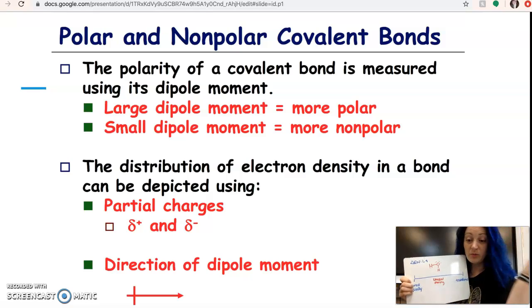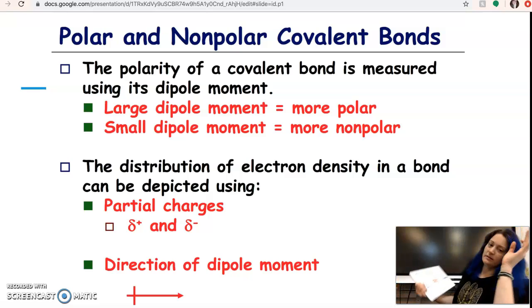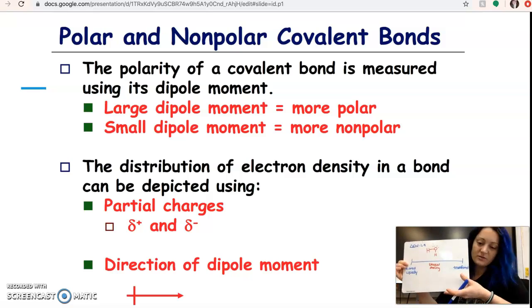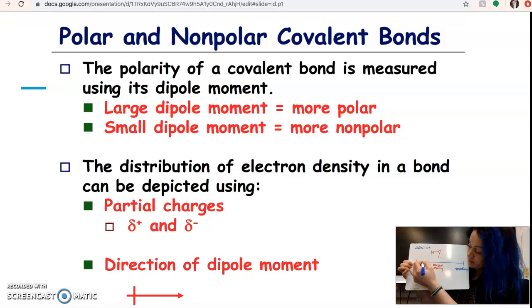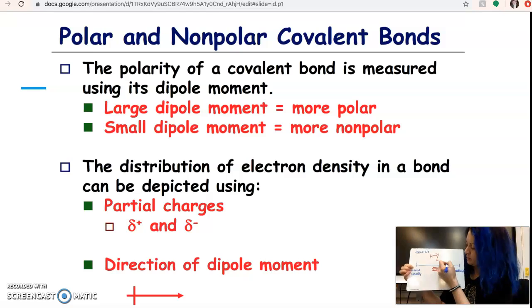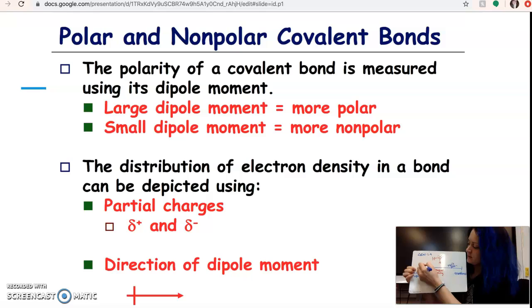So the dipole moment magnitude would be 1.4. All right, and when you're looking at that magnitude, if you have a large dipole moment, we say that bond is more polar. So if you're on this spectrum here, more polar would be more towards the transferred side, right? More polar is over here. And then less polar would be more towards the sharing side.